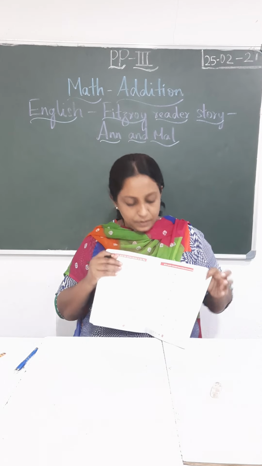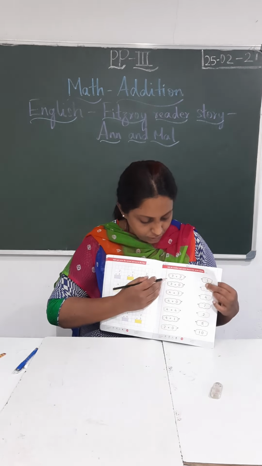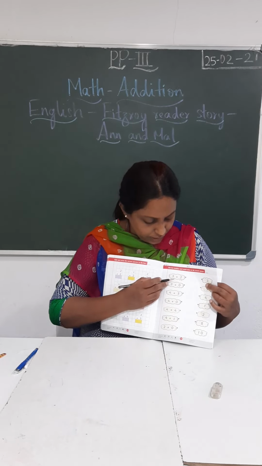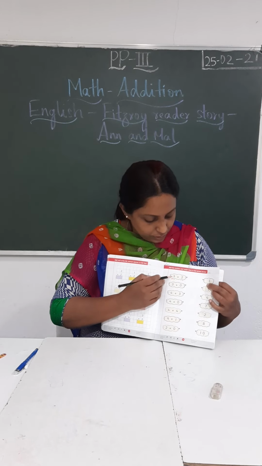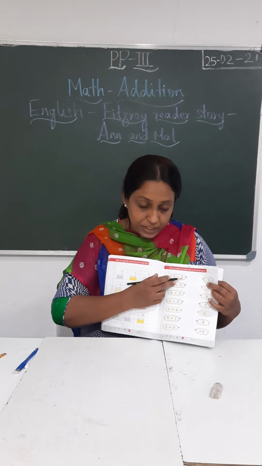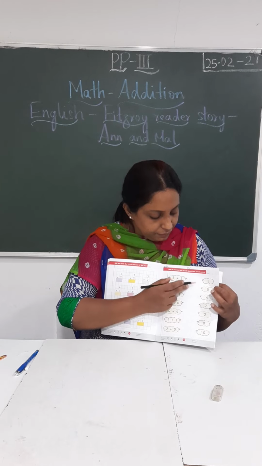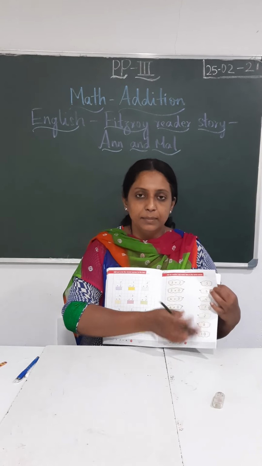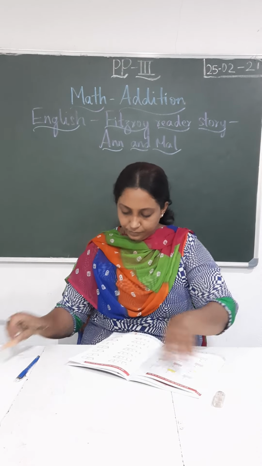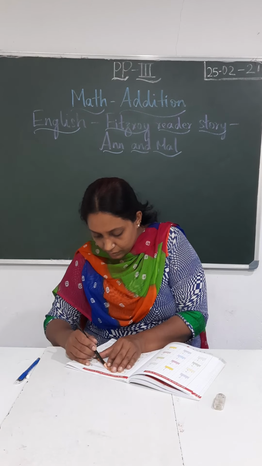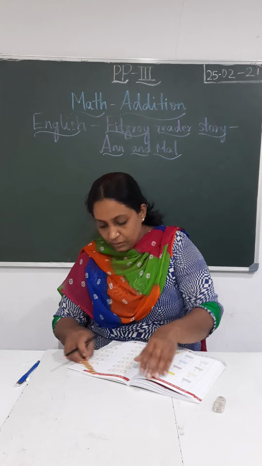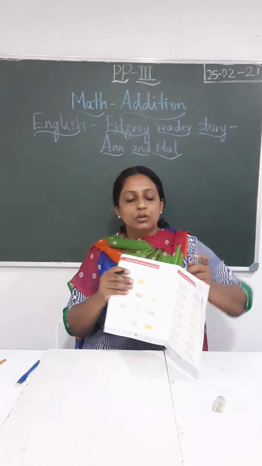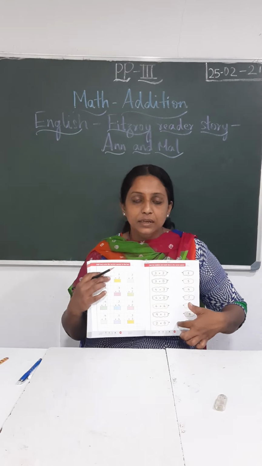Here if you see 3 dots plus 2 dots and then you count it together, 1, 2, 3, 4, 5. So 3 plus 2 is 5. So here I see 5. I will draw a neat line from 3 plus 2 to the number 5. Similarly, you have to finish your homework for the rest of the numbers.